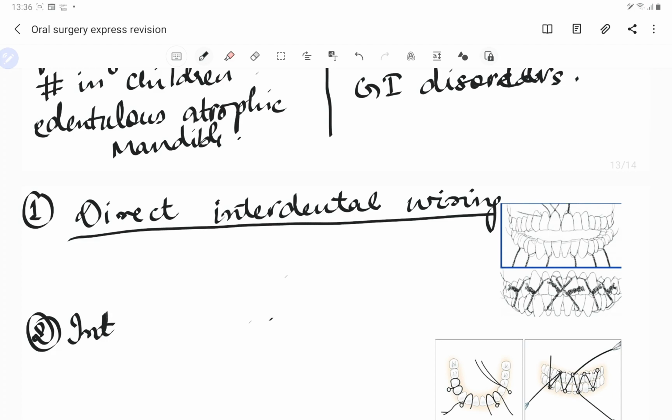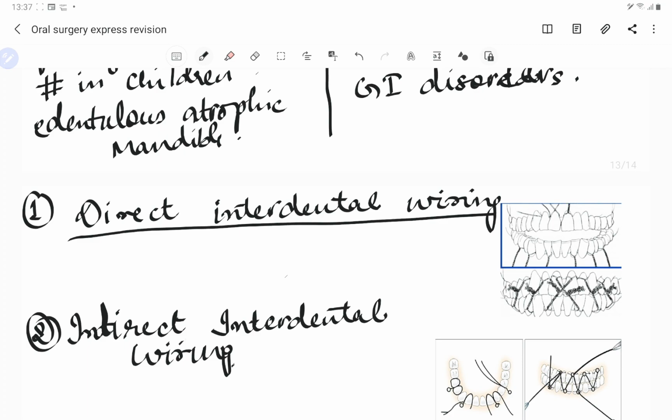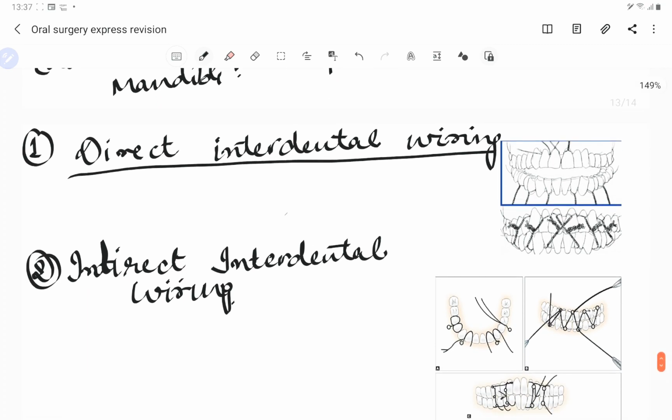So indirect interdental wiring, we make a loop, and in the loop then we place this wire. So if you can see here, these are the loops. We call them the IV loops.